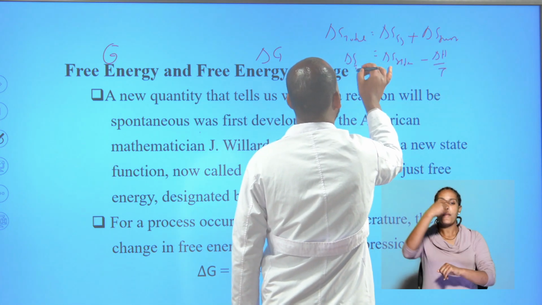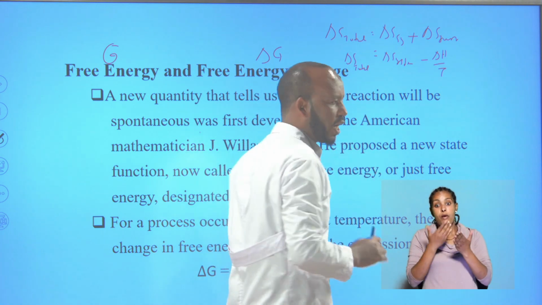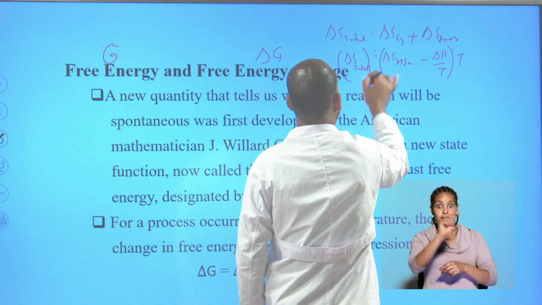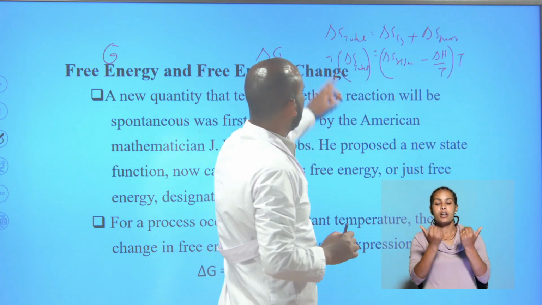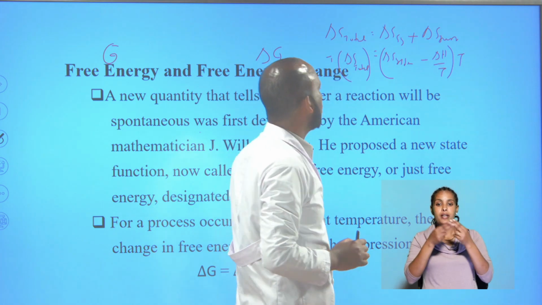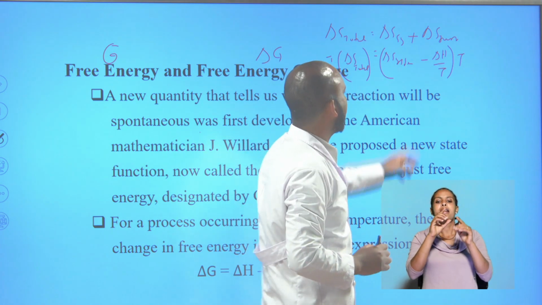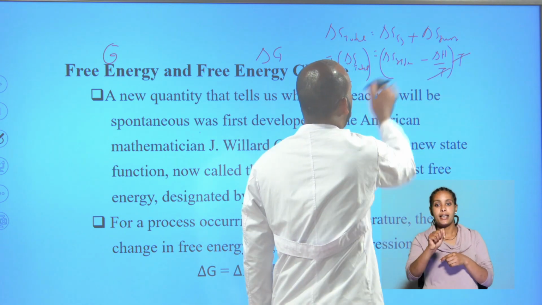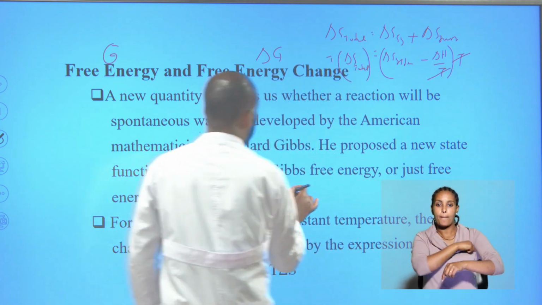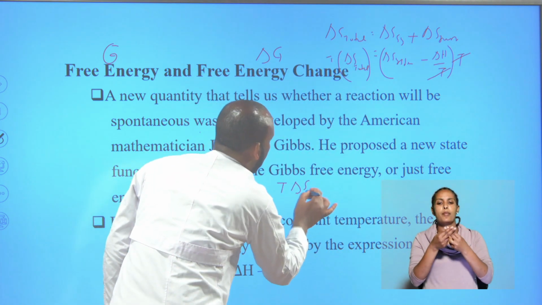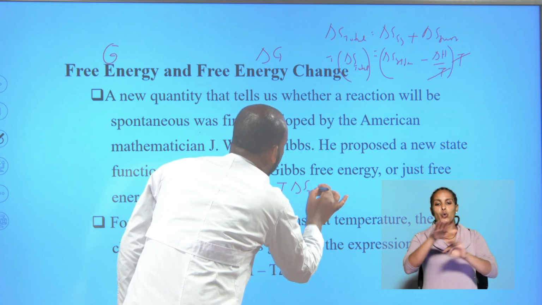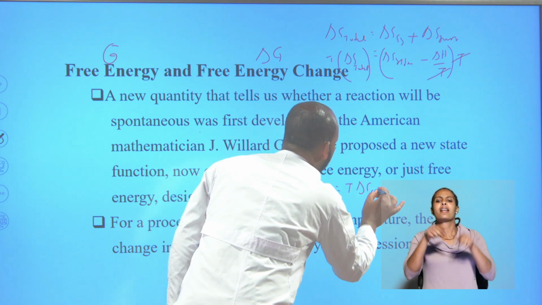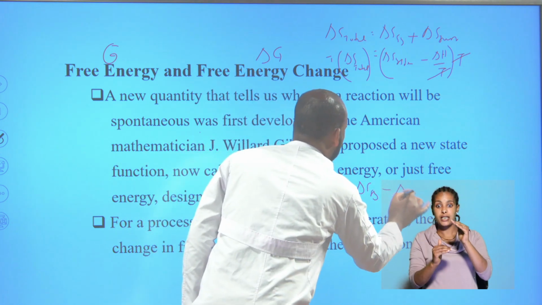If you multiply both sides by temperature, T times delta S total equals T times delta S of the system minus delta H. The temperature cancels in the second term, so this is the same as T times delta S total equals T times delta S of the system minus delta H.